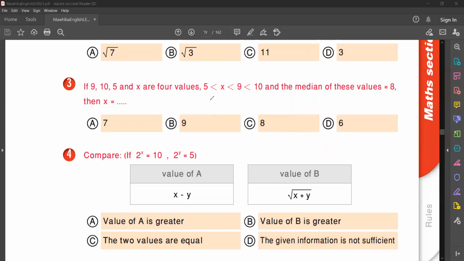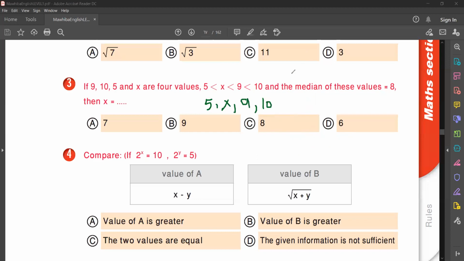Okay, now I have these values and I want to find the median. So I have here 5, also x, 9, and 10, right?